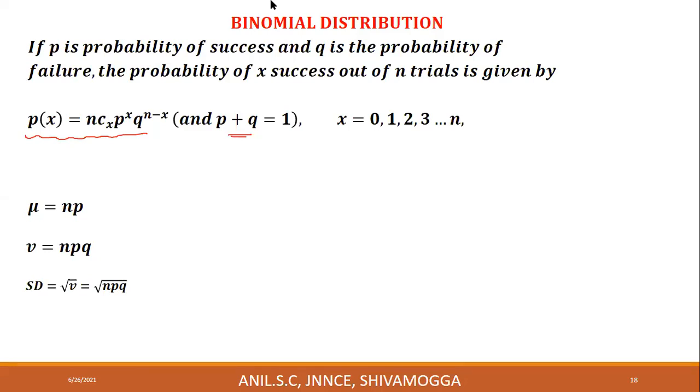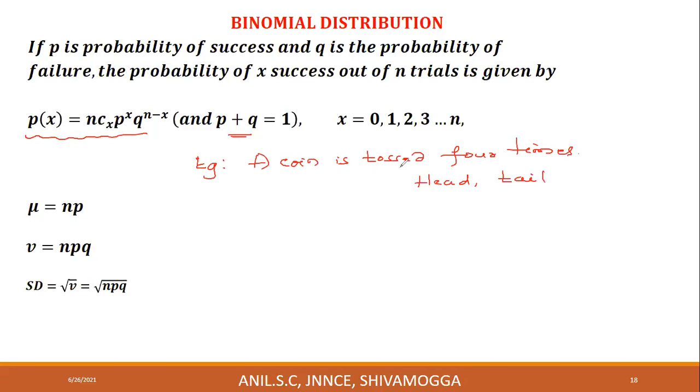For example, a fair coin is tossed four times. There are only two possibilities. One possibility is getting head, and the other possibility is getting tail.